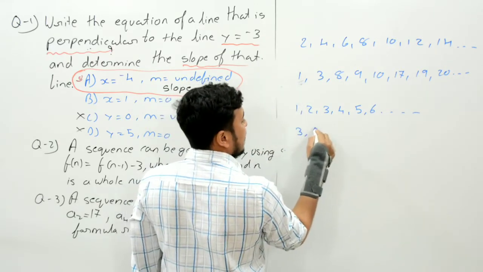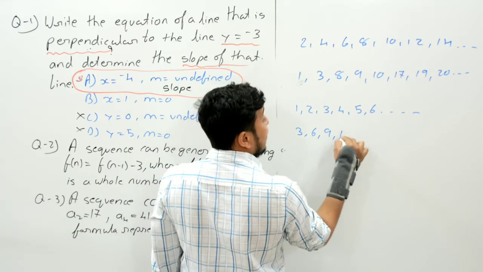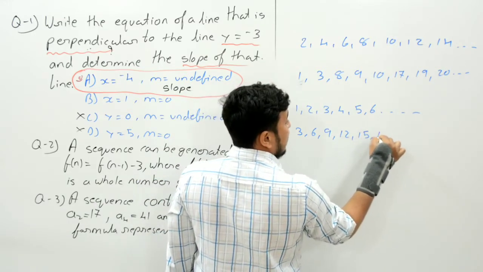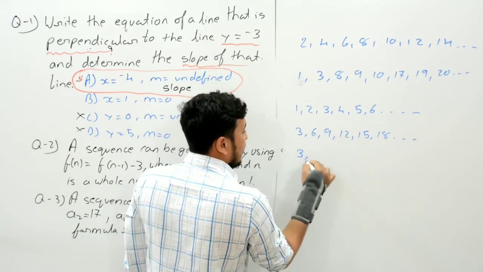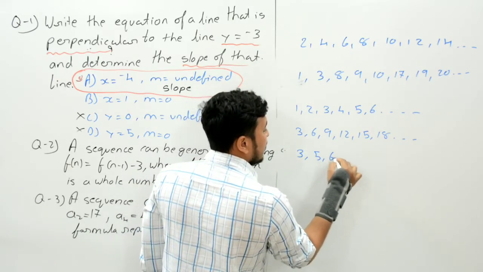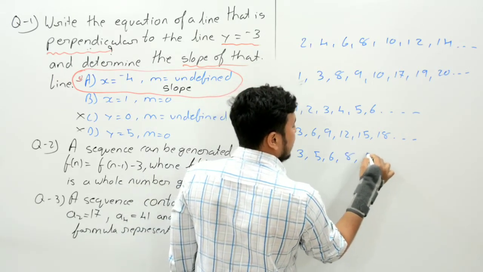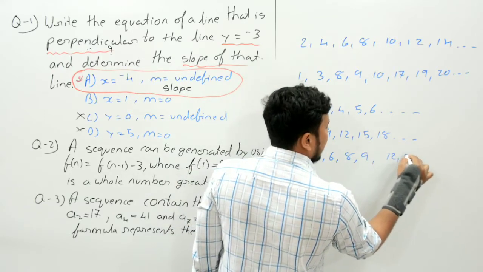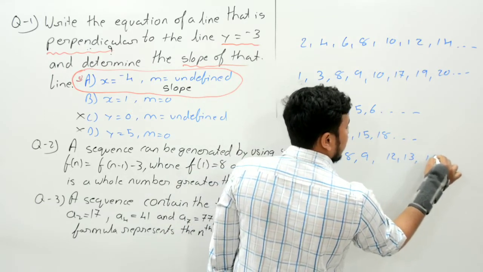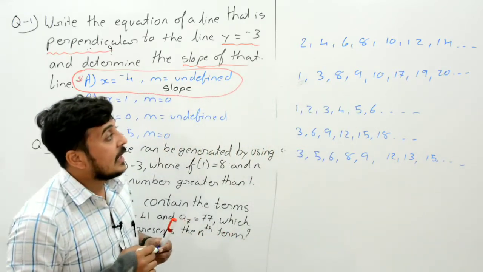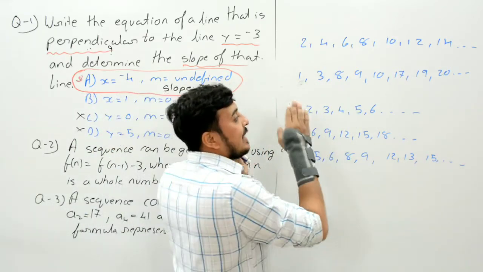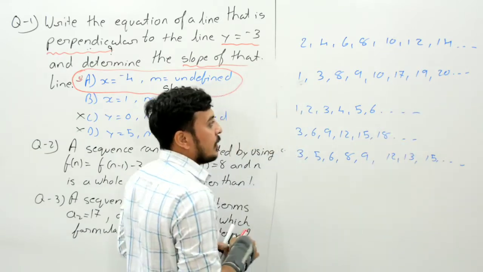There can be 3, 6, 9, 12, 15, 18 and so on. There can be 3, 5, 6, 8, 9, 12, 13, 15 and so on. See, there are a few series in which the terms are arranged in increasing order.